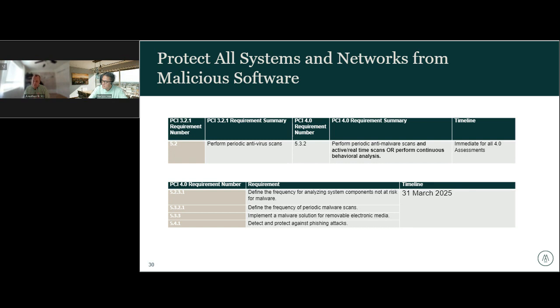And then the last is 5.4.1, which is detecting and protecting against phishing attacks. This requirement is not intended to be a process improvement, if you will, of where you do training with folks.